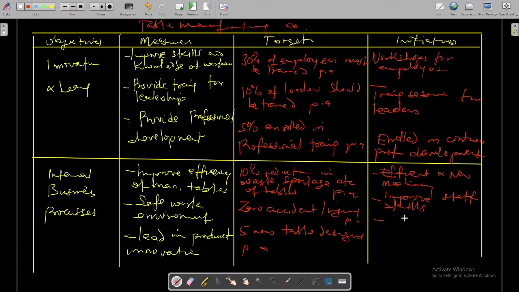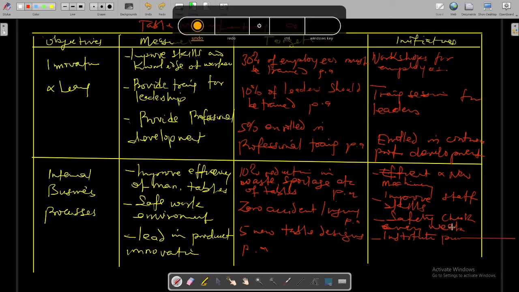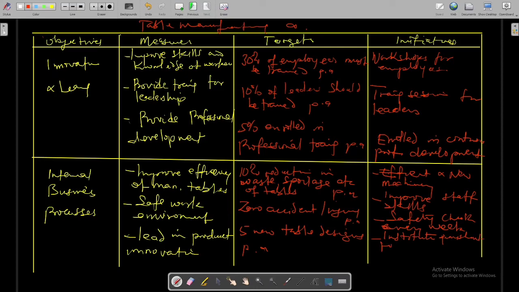0 accidents. So here we can have safety checks every week. The next thing that we can set is that we can also institute punishment for workers not being safety conscious.